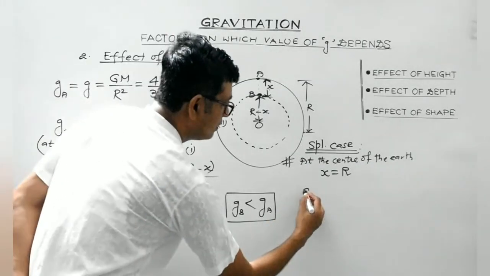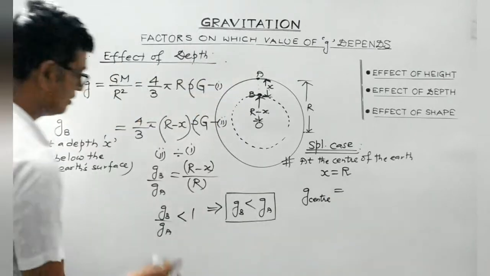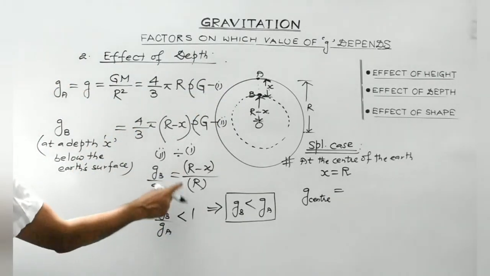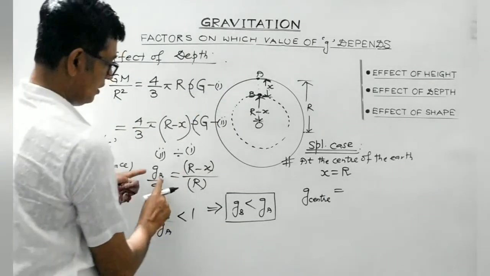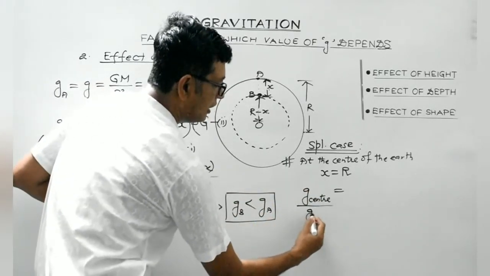So here, acceleration due to gravity at the center of the Earth would be given by, just make use of this formula, this one. In place of B, write G central divided by GA.